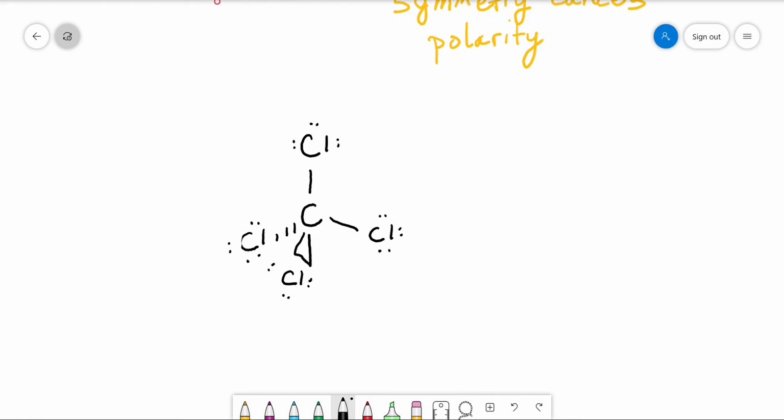This is where that PhET simulation can come in really handy, the simulator that I've linked in Blackboard. Now we can look at any one of these bonds, and they have a dipole moment. The chlorine is partially negative, and the carbon is partially positive. Same would go for any of these bonds.